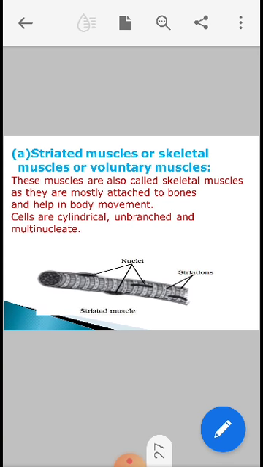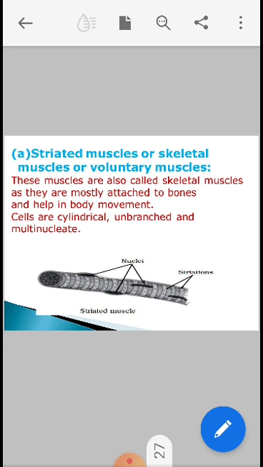When we talk about the striated muscles, these muscles are also called the skeletal muscles. Why are they called skeletal muscles? Because they are mostly attached to the bones and they help in the body movement. Now when we talk about the cells of the striated muscles, they are cylindrical in shape, they are unbranched. What is the meaning of unbranched?